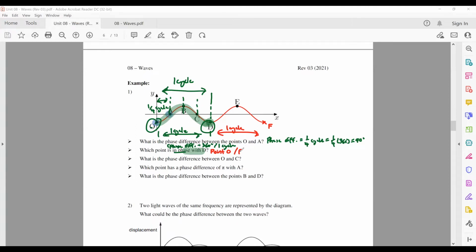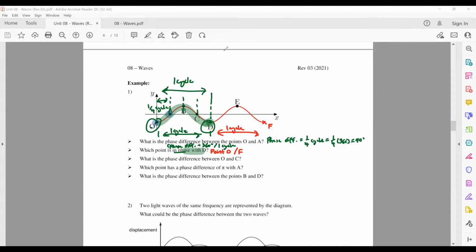It could also be point F if you wanted to. Basically, just see that it has a phase difference of 1 cycle. That one will be in phase, because at those two points, both particles have the same displacement. They're also going in the same direction of motion.